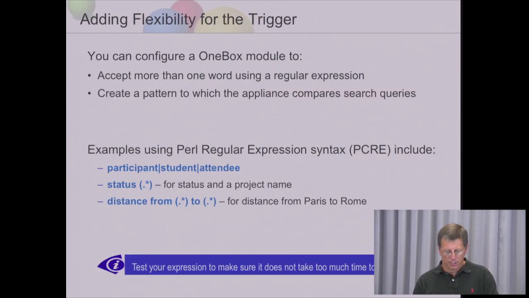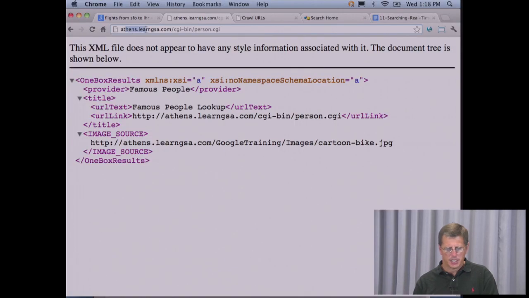Now let's take a look at our example service. I have a web service waiting on the Athens server. It's a CGI script called person.cgi. If it does not receive any request for a user lookup in its URL, then it will just return the portion of the XML that's required by the GSA.